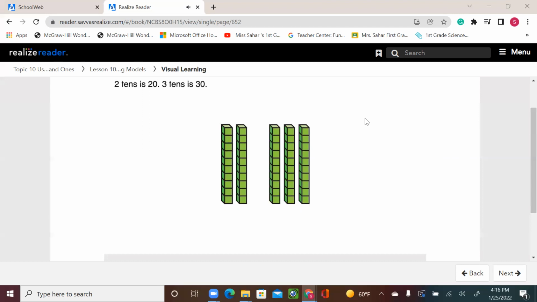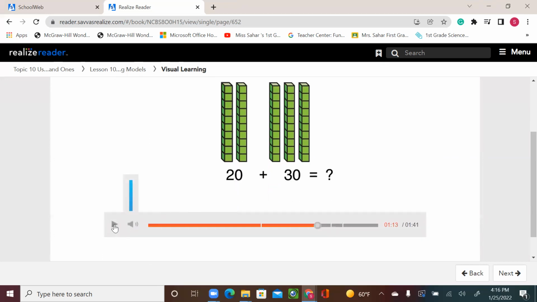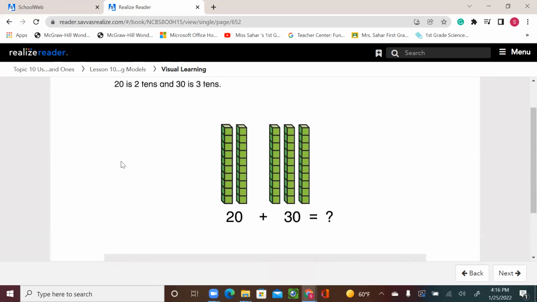2 tens is 20. 3 tens is 30. How is 20 plus 30 like 2 plus 3? 20 is 2 tens and 30 is 3 tens.